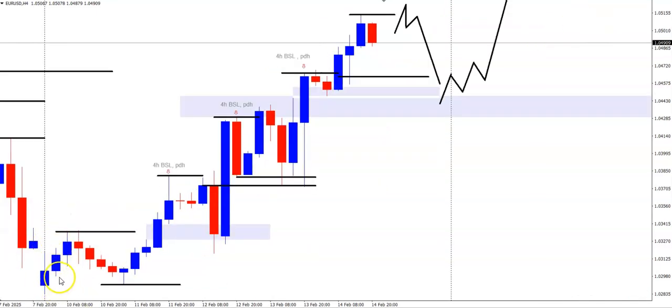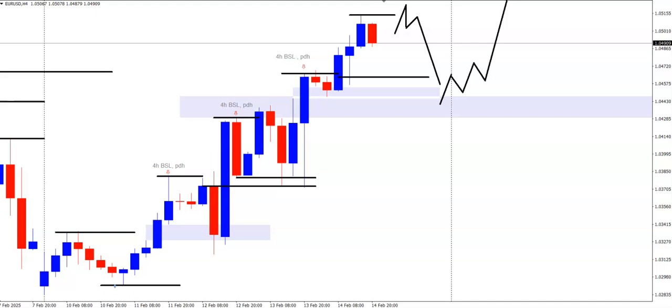So here on the 4-hourly time frame, I marked the important levels. On this 4-hourly time frame, what we notice is of course a clear bullish structure. That means the market is creating higher highs and higher lows, and as I said before, this is a clear sign of bullish structure.